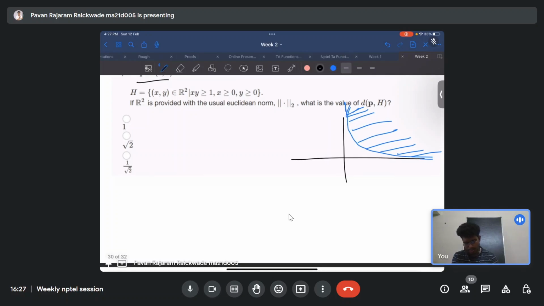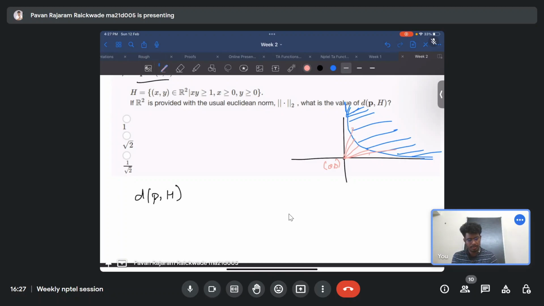If R2 is the usual Euclidean norm 2, what is the value of the distance of the point P from the set H? Distance means the smallest distance, the smallest distance of (0, 0) from this set. If I join this point with any point in the set, this length is the distance.